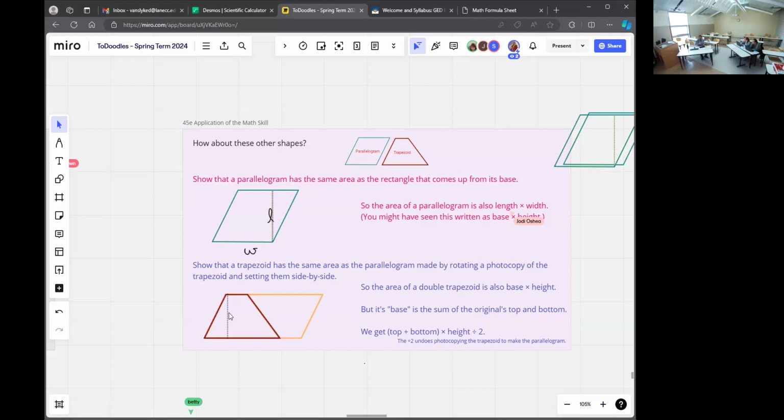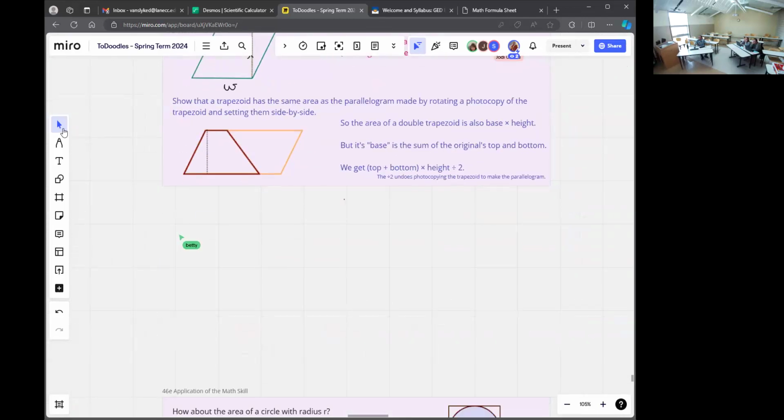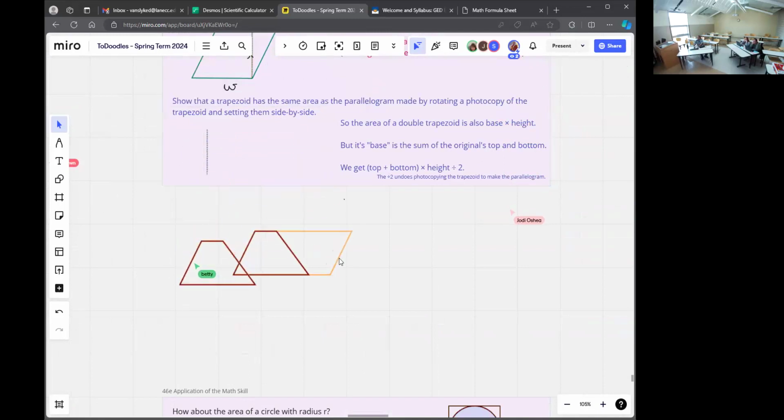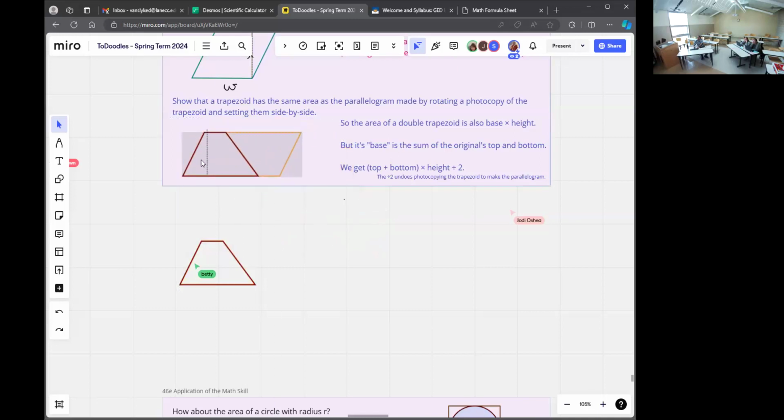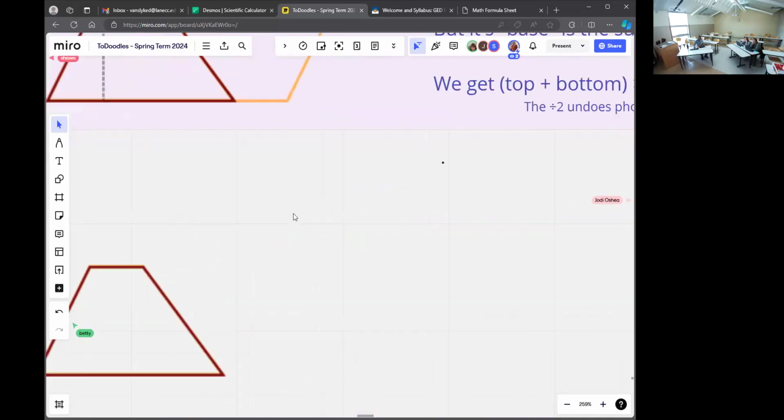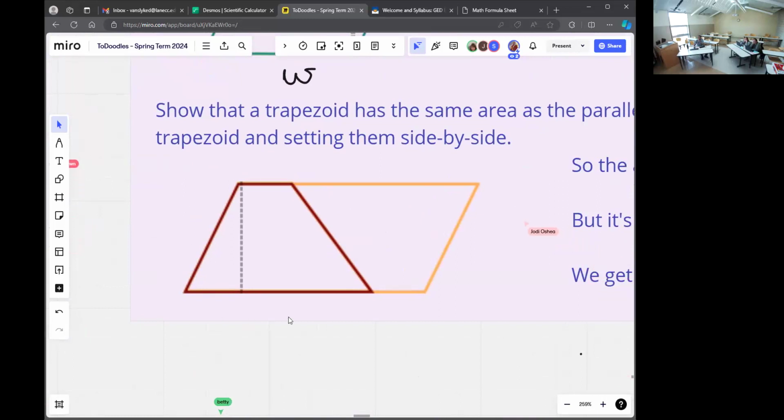Okay, now let's look more carefully at the screen. I'm going to put this one back. So I started with my red trapezoid, I photocopied it, and I put the yellow photocopy next to it. In order to find the area of this bigger parallelogram, I need to do two things.